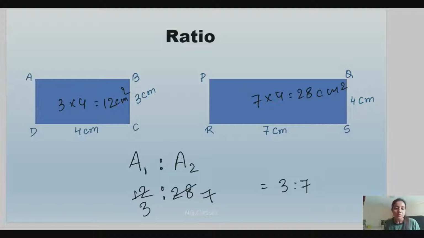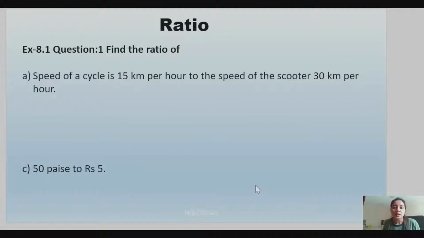Okay, now we will solve few questions from NCERT. So our question is, find the ratio of speed of a cycle, that is 15 km per hour, to speed of a scooter, that is 30 km per hour. So we have to write the ratio between speed of cycle to speed of scooter. Now be careful what is mentioned at first in the question: speed of a cycle.